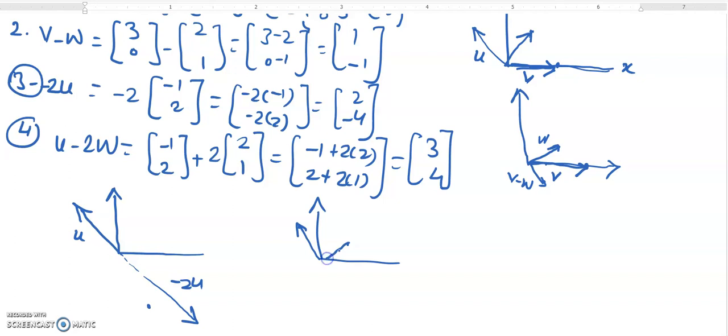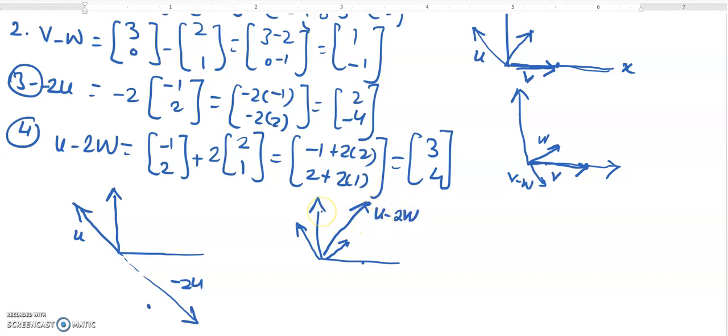So this is w. So u minus 2w is 3, 4. So this was 2 and then 3 will be here, and then 1, 2, 3, 4. So it is something here. So this will be u minus 2w.